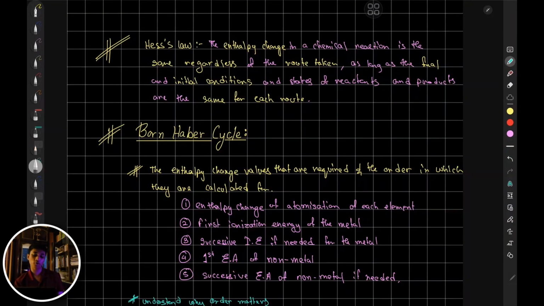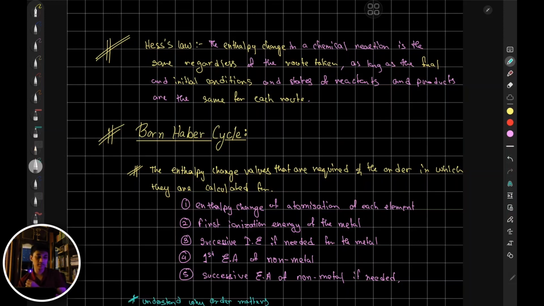In this video, we're going to be talking about Born-Haber cycles, how to calculate from these diagrams, and how to form these to figure out different enthalpy changes. So first of all, let's try and remember what Hess's law specifically was, because the Born-Haber cycle is basically an elongated version of Hess's law or Hess cycle.